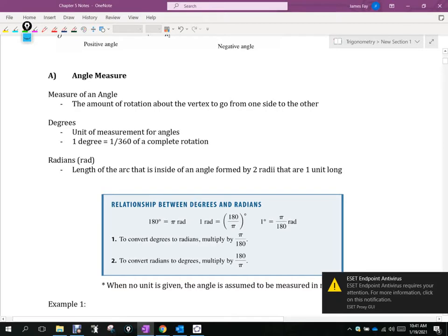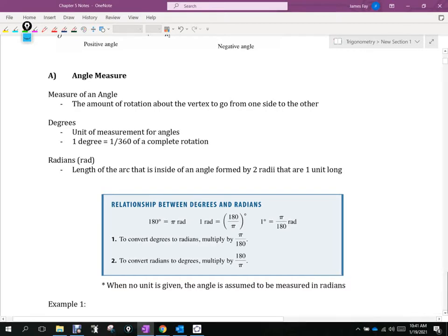It can be done, but it bogs the calculations down. The unit that we prefer to use in those classes and this class is what we call a radian. Anybody know what a radian is?